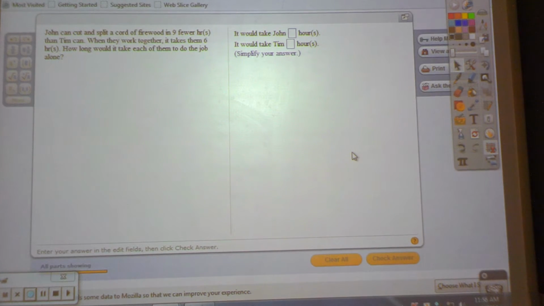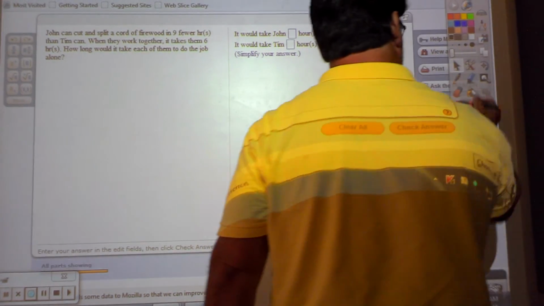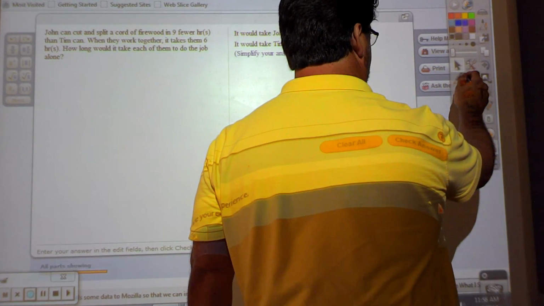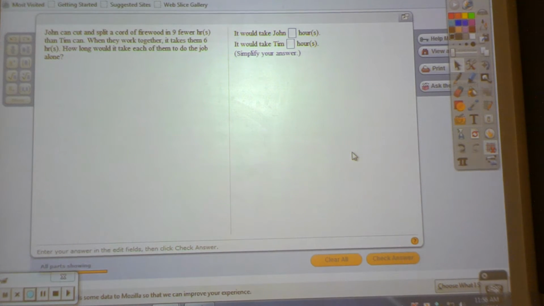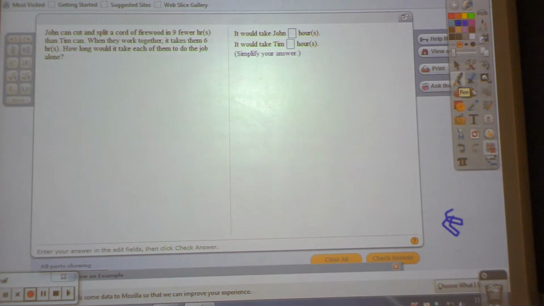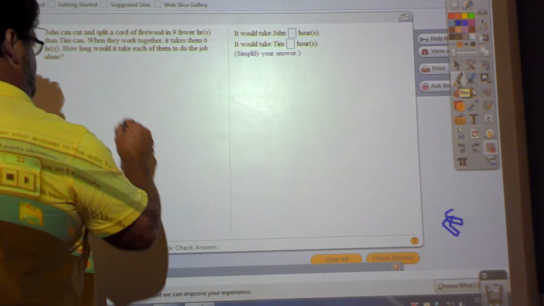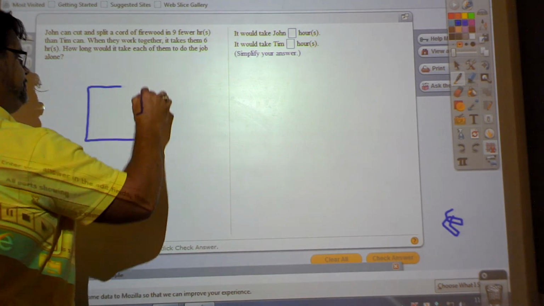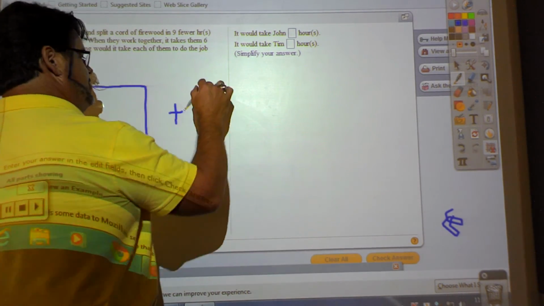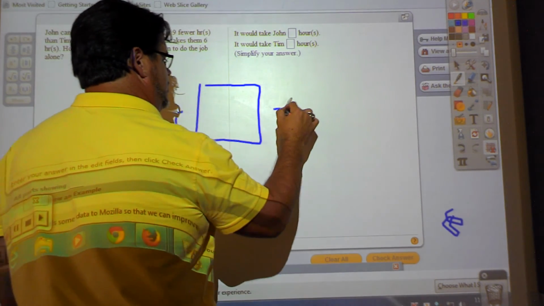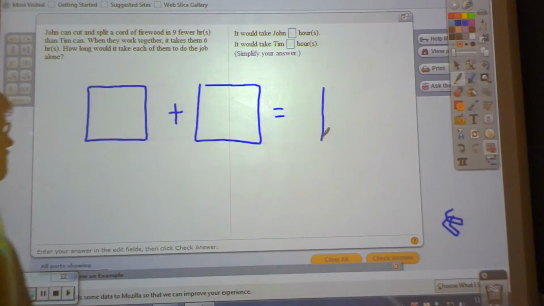When you set up a problem like this, you know that you got to have one guy here plus another guy here, and they're going to equal the same job.